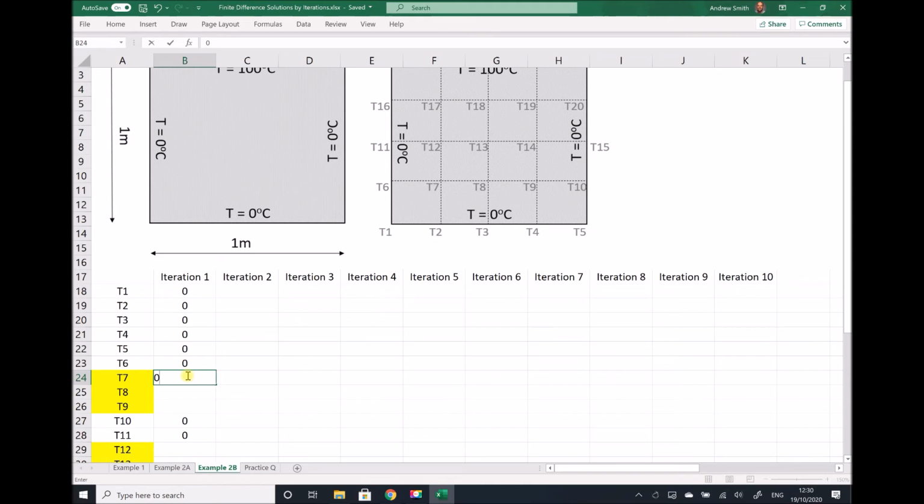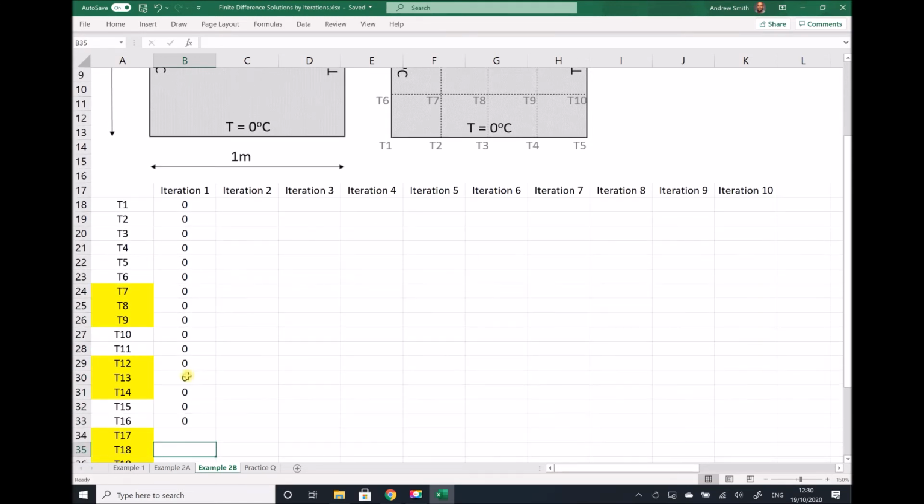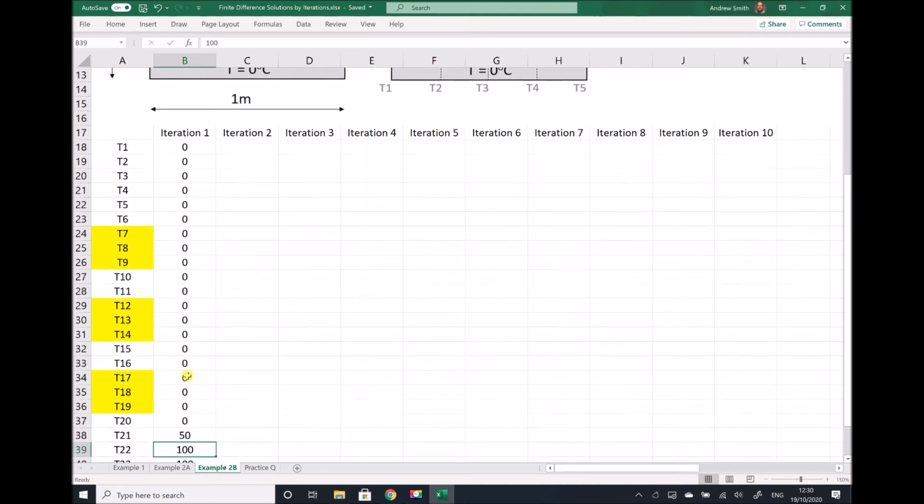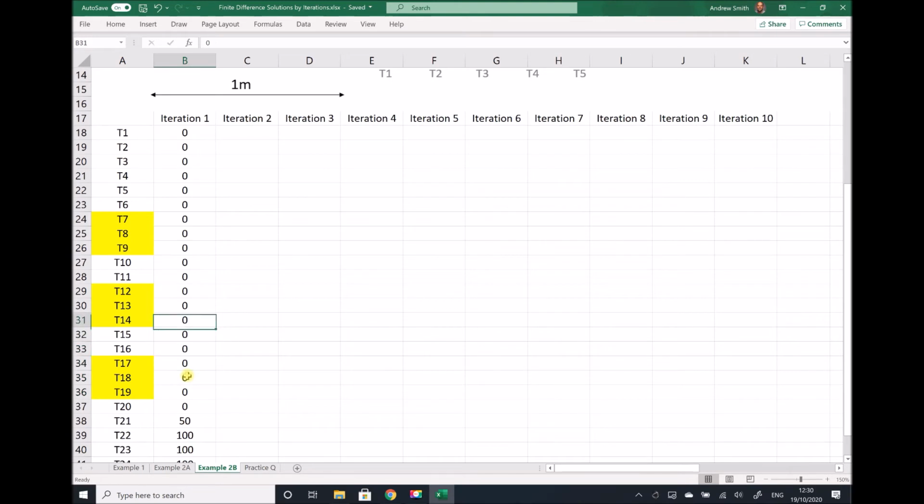So let's start with these as 0. And I've highlighted each of those in yellow so that we can identify them easily.